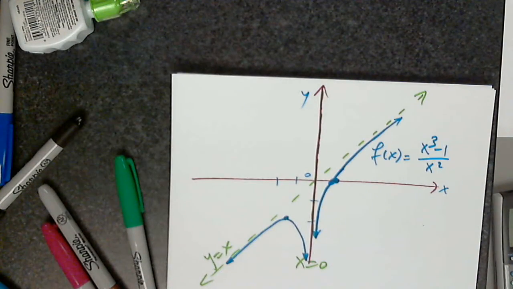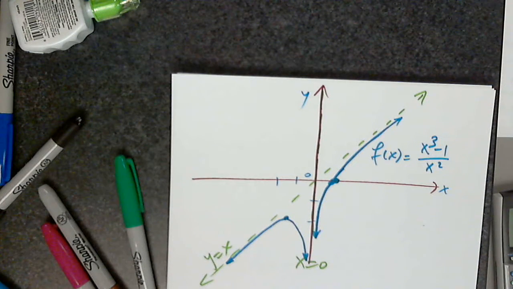With the graphing calculator, the calculator would not show the slant asymptote by itself. So don't forget parentheses: x to the third minus 1 in parentheses, divided by x squared in parentheses, which you don't really need for the bottom, and y equals x. And now I'm going to use the standard viewing window.